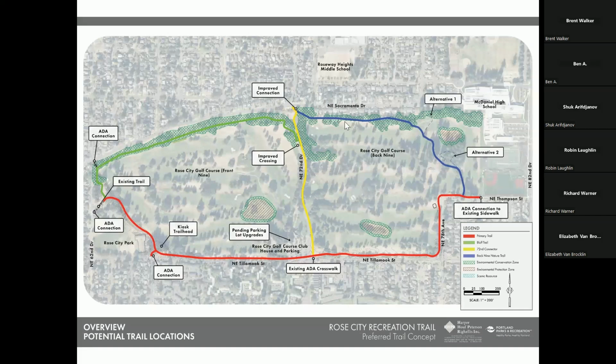And the back nine trail, the blue trail, is a proposed trail that would give folks new access to the back nine. But it's mostly just a way of naming the trail systems and breaking them down for us to be able to investigate the designs for those trails.